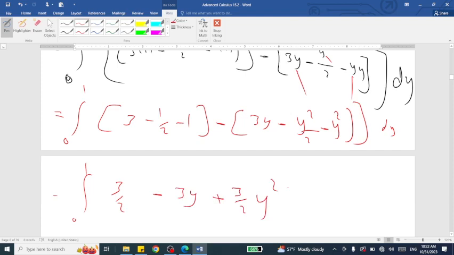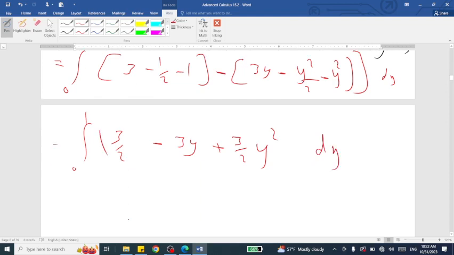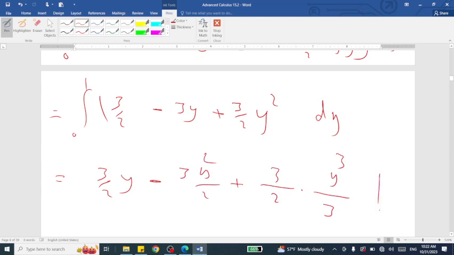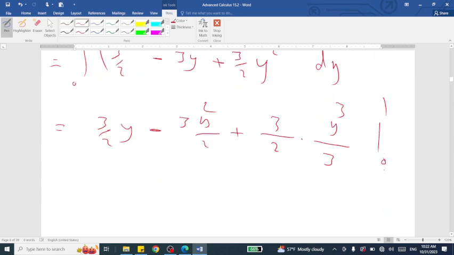Do you have any problem with the calculation? 3 over 2 y, y squared over 2, y cubed over 3, from 0 to 1. Do you agree with me? Good.